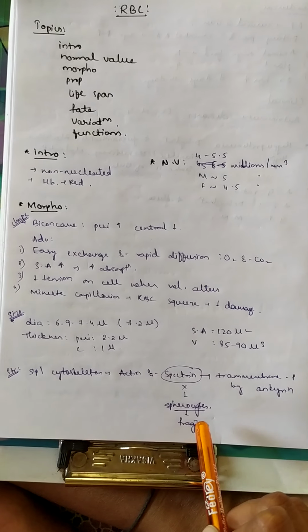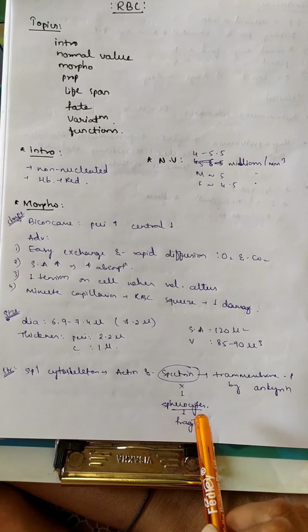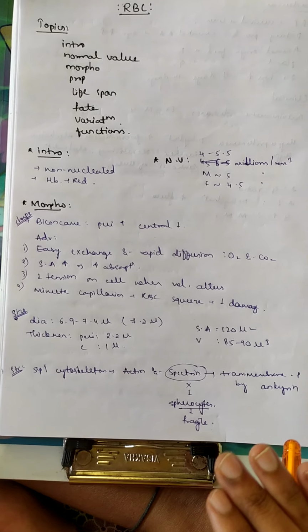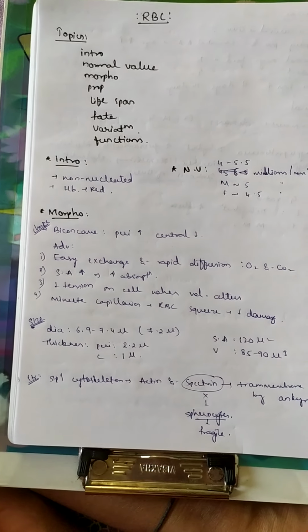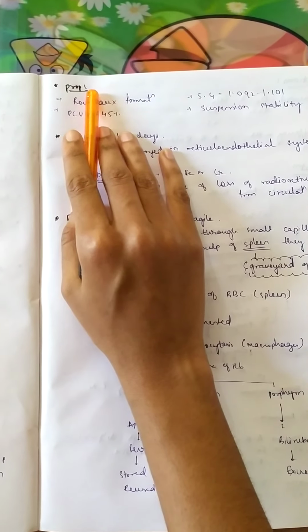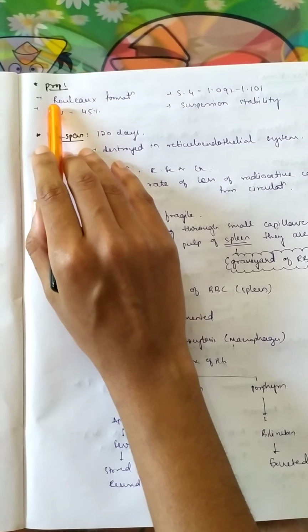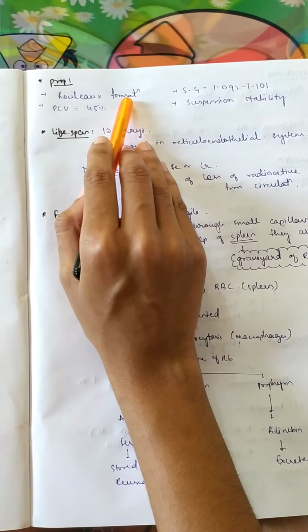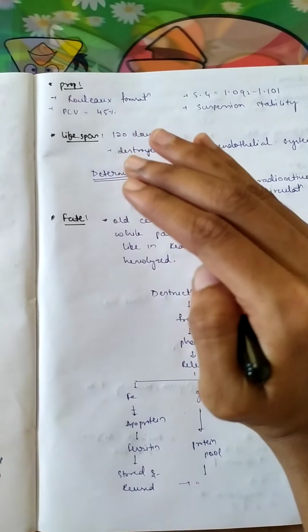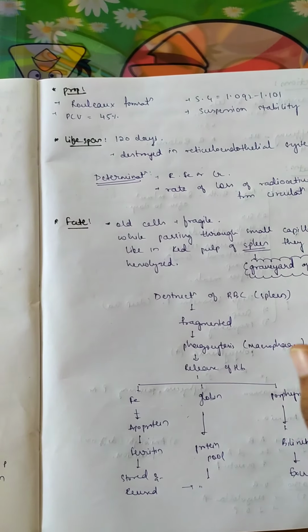In that case, the cells become more fragile and there will be increased cases of hemolysis. Coming to the properties of RBCs, it has rouleaux formation. Rouleaux formation is piling up of RBCs in blood vessels.